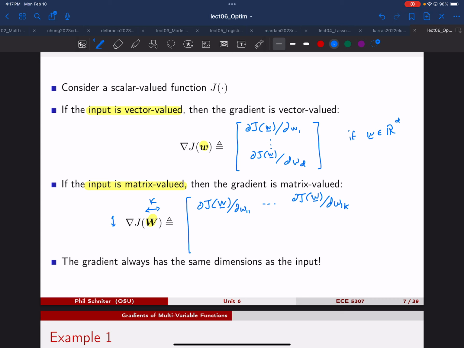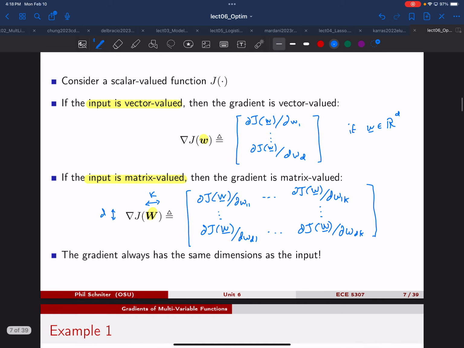And again, if this has D rows, then as you're coming down this way, you get dJ/dWD1. And in the bottom right-hand corner, you have the partial derivative with respect to the Dth row and Kth column of the W matrix.